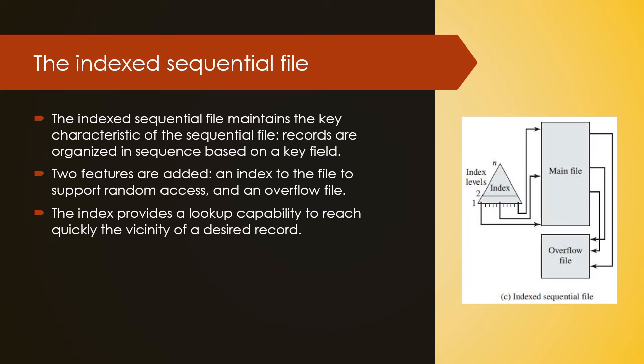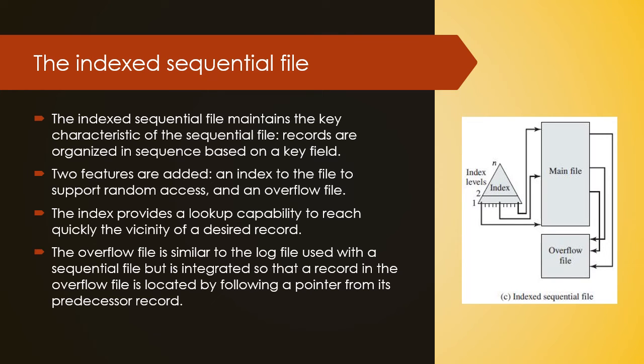The index provides a lookup capability to reach quickly the vicinity of a desired record. The overflow file is similar to the log file used with a sequential file, but is integrated so that a record in the overflow file is located by following a pointer from its predecessor record.